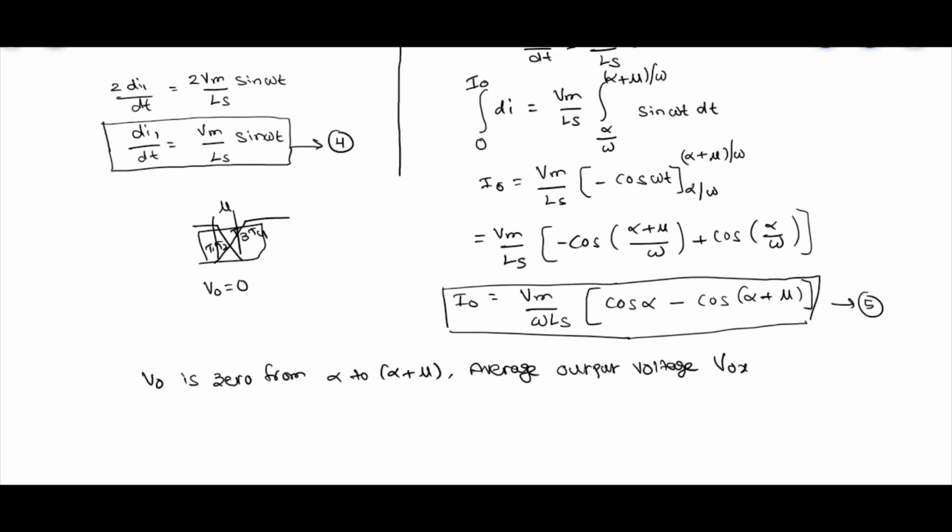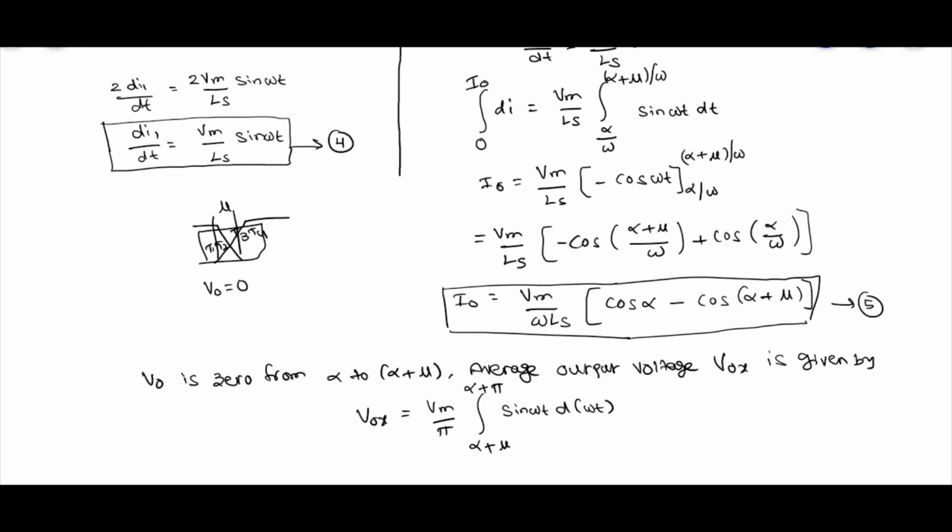By considering that part also, let us find the average output voltage VOX, which is given by VOX equal to 1 by pi, taking Vm outside, the integral of sin omega t d omega t from alpha plus mu to alpha plus pi, right?